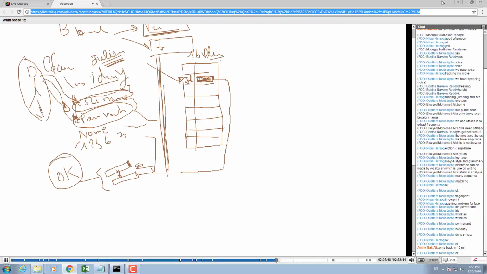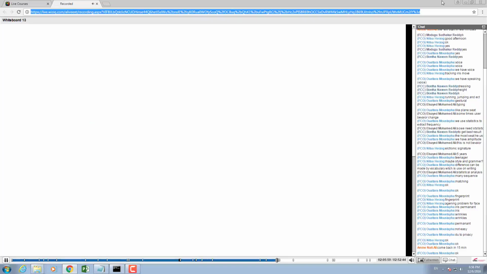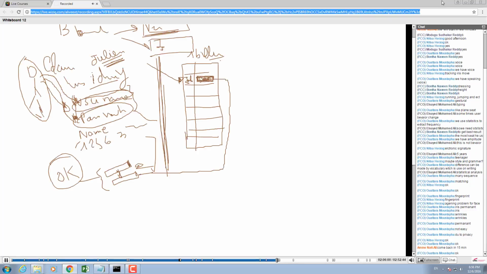Why? Because once you claim the identity, the name, directly we look for the name in the table, and we get the code associated to this name, and we compare it with the code provided by the user. If it's okay, we grant the access. So this is a verification. We verify your identity.